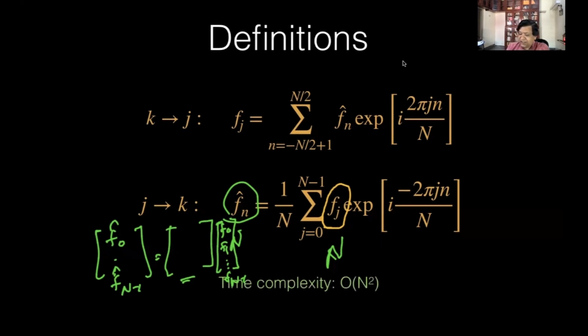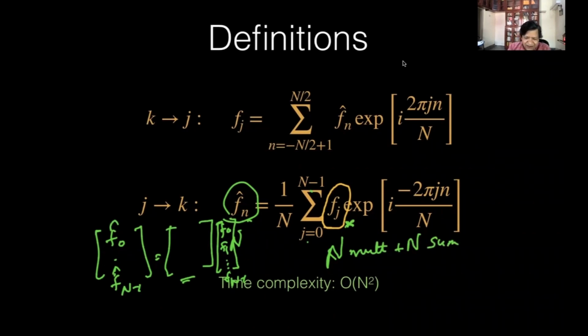And how much time will it take for this operation? To compute one f hat n, how many multiplications and how many additions do I have to do? Remember, j goes from 0 to n minus 1. So there are n multiplications, and then I have to sum them up. So n multiplications plus n sums for each of them.